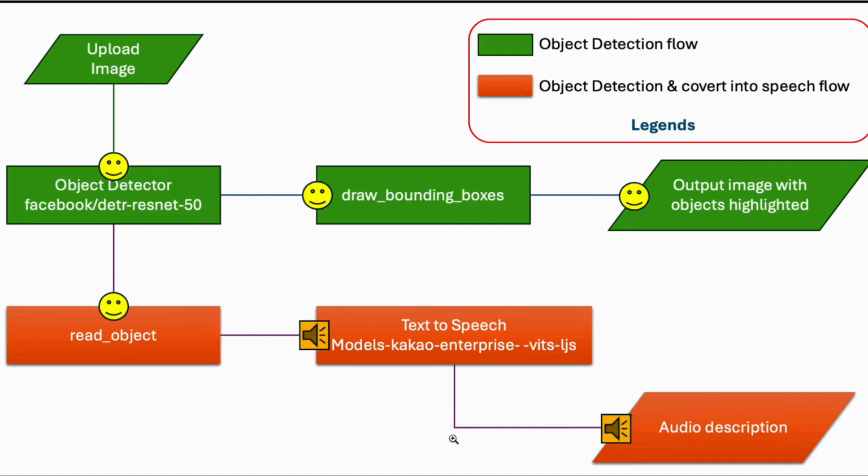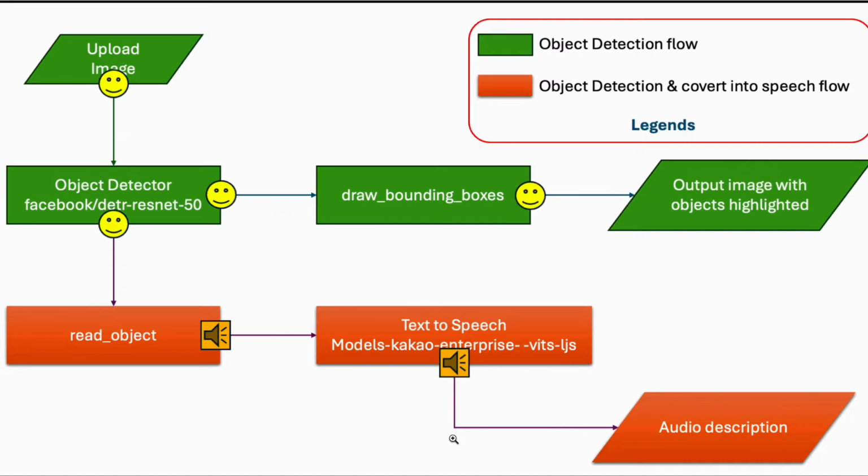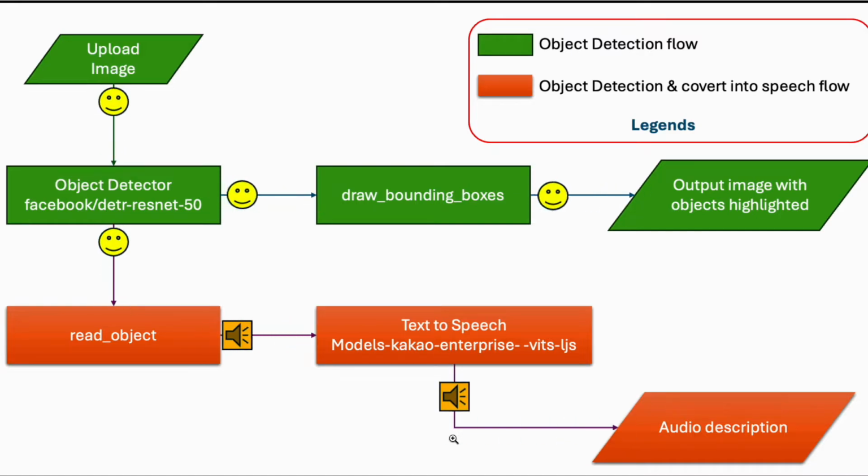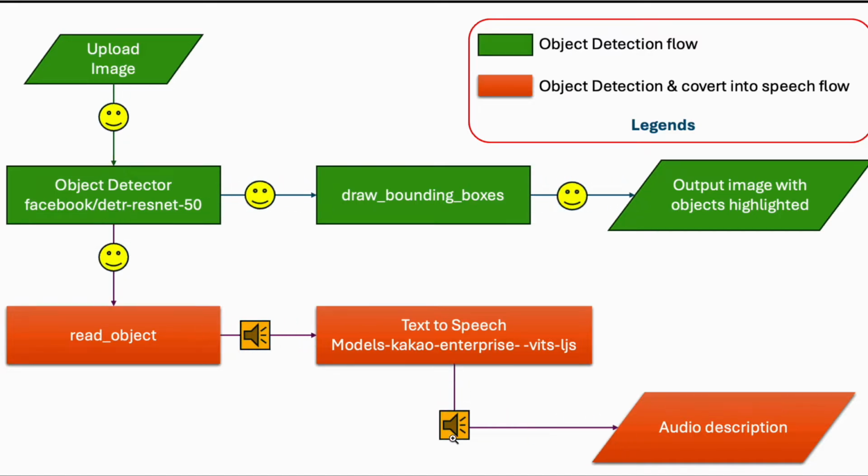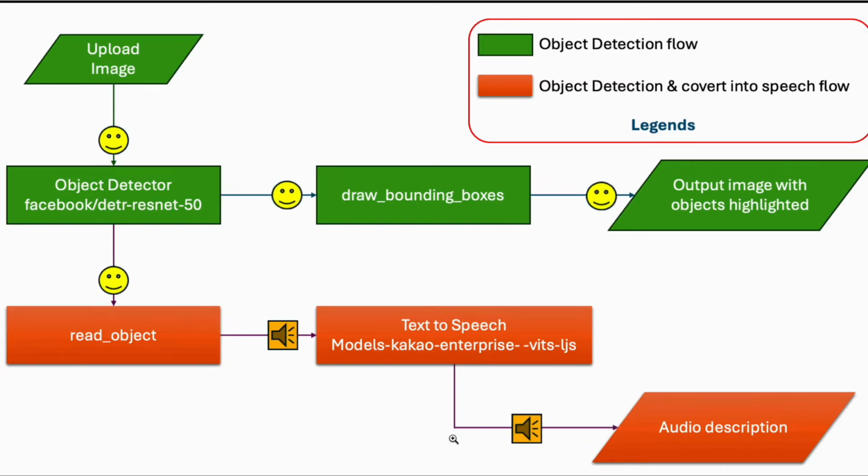That text will now be passed to our new code, which is in orange, and the old code is in green. It will read the object, and using TTS, our new model, it will convert it into an audio description and audio file.